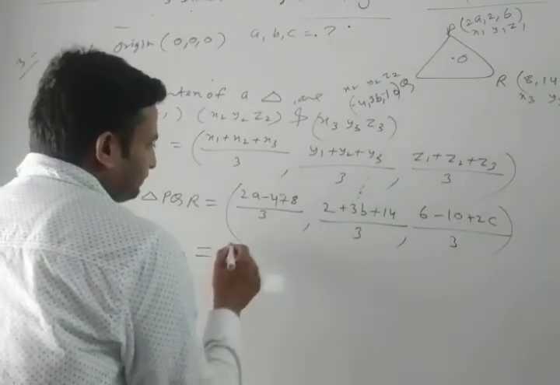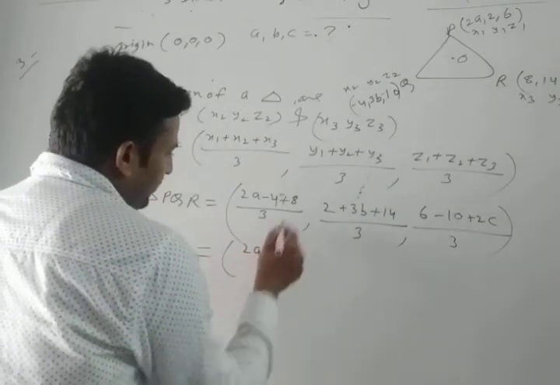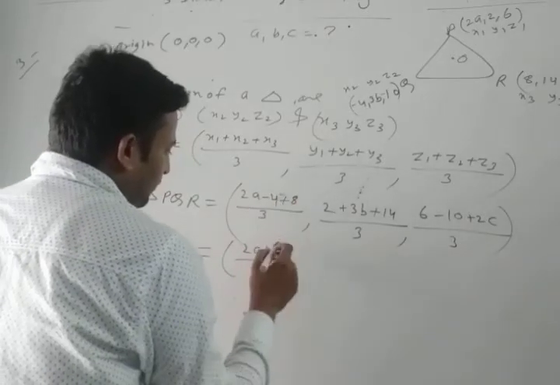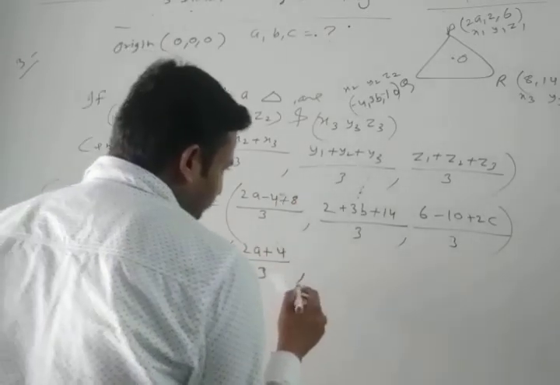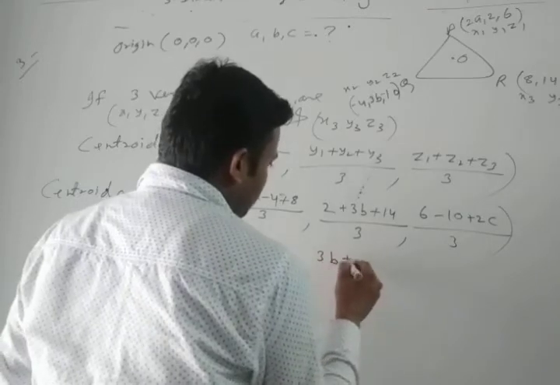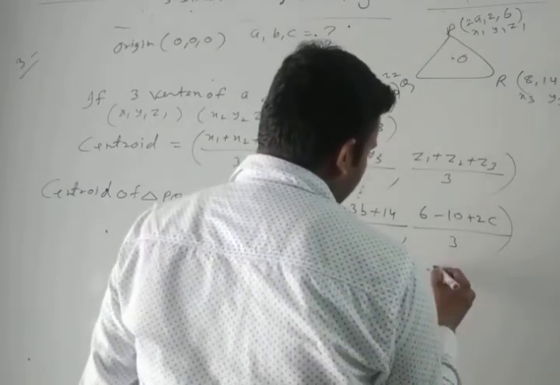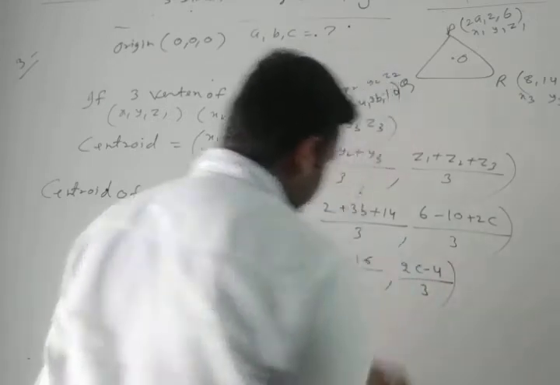After solving, 2a plus 8 minus 4 is 4 by 3, 3b plus 16 by 3, 2c minus 4 by 3.